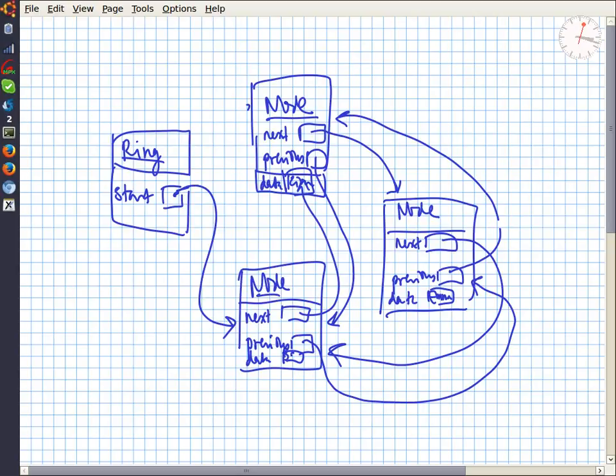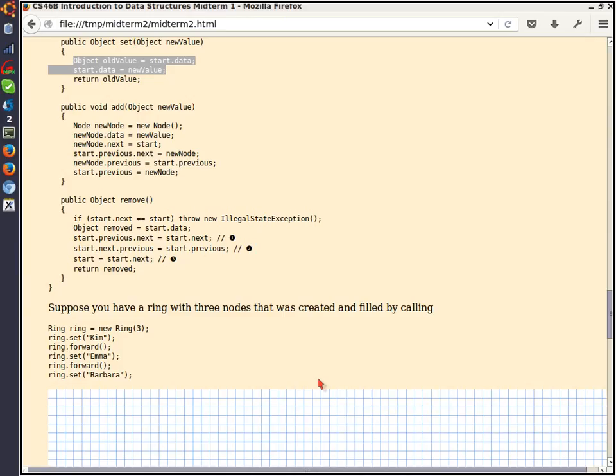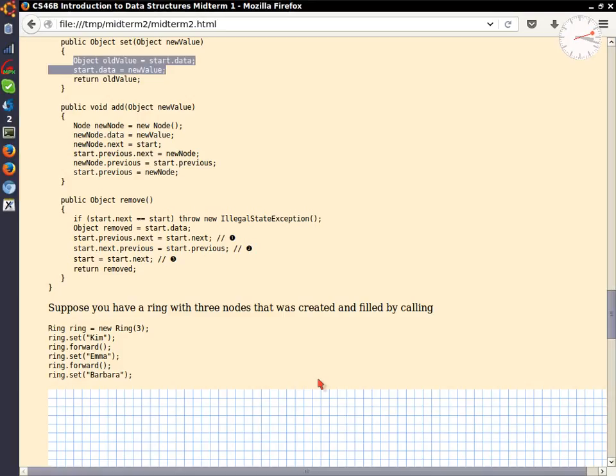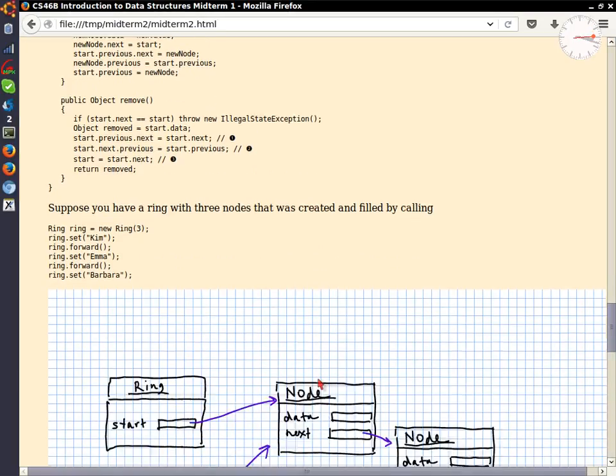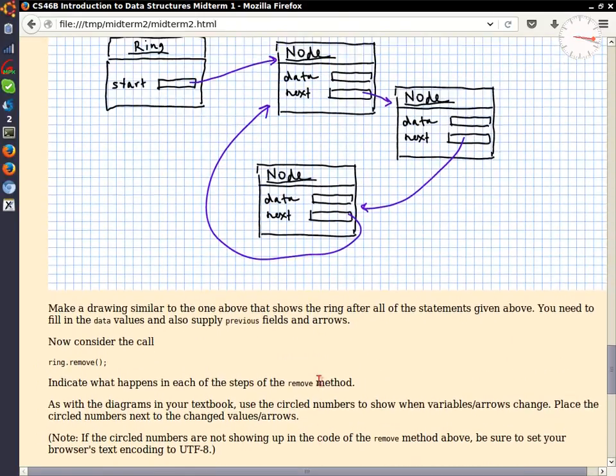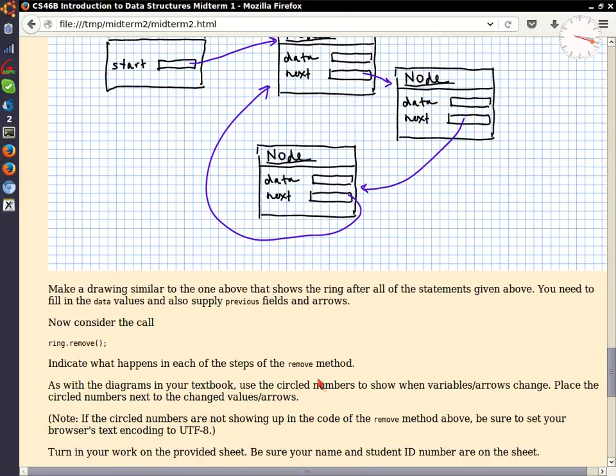And over here it says Barbara. Sorry about the sloppy drawing. So this is how it looks at the point that we're supposed to be doing something. And so now we're supposed to call ring.remove and analyze what remove does.